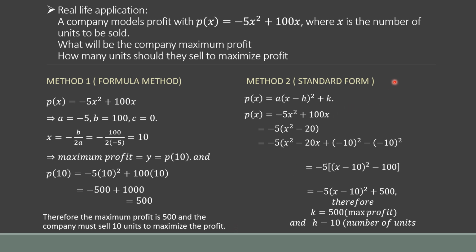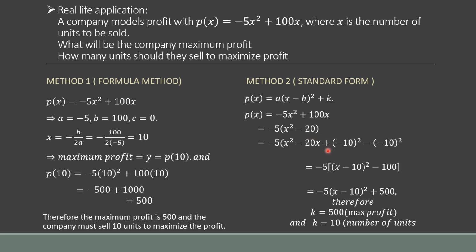And at the same time, we can also use the standard form to get the same response. But in this case, we have to make sure we have completely factorized the coefficient of x squared, which is -5, to make sure the coefficient of x squared is positive. So here will be x squared minus 20x. So when you divide the 20 by 2, it becomes the -10.